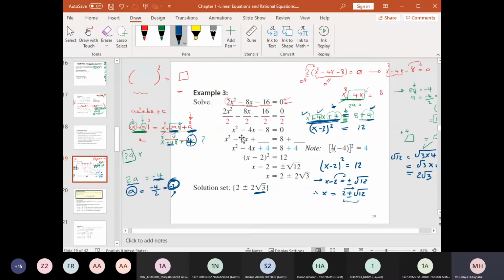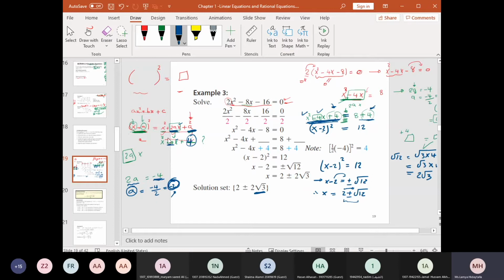What is the missing number? We said, to remind you, always if I have a square bracket like that, when we expand it, it will be x square plus twice, this times this, 2ax, plus a square.